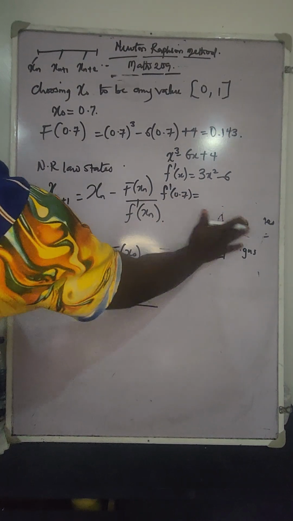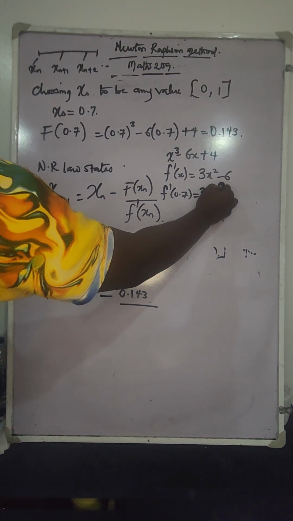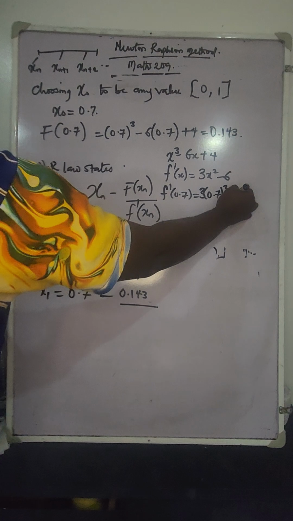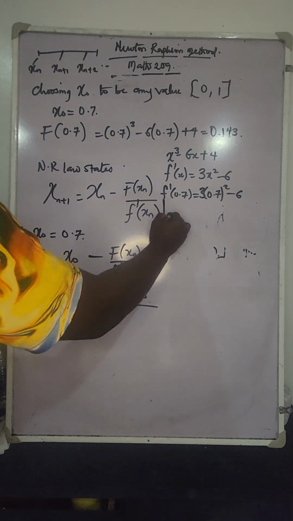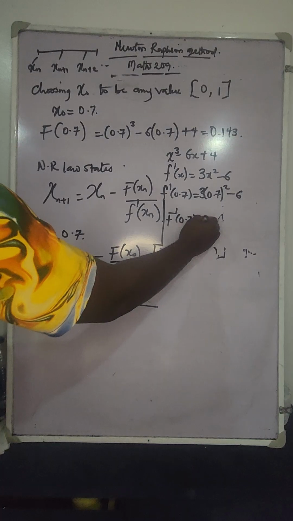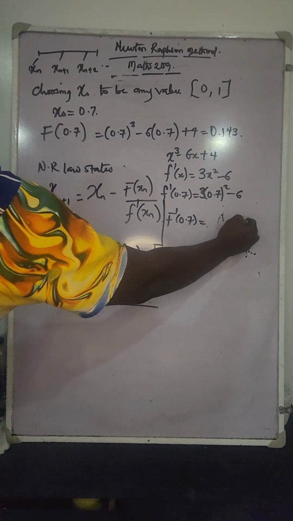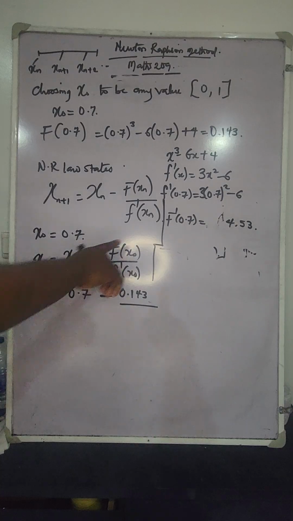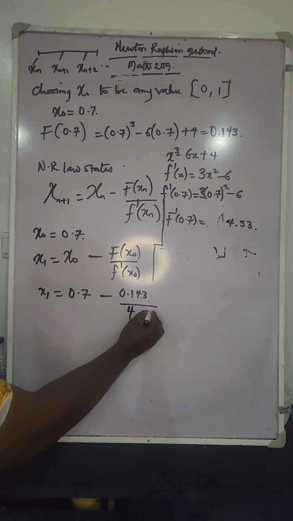F prime of 0.7 will be 3 into bracket 0.7 all squared minus 6. So f prime of 0.7 is, if we do that in calculation, 4.53. So we're just going to bring that here, 4.53.